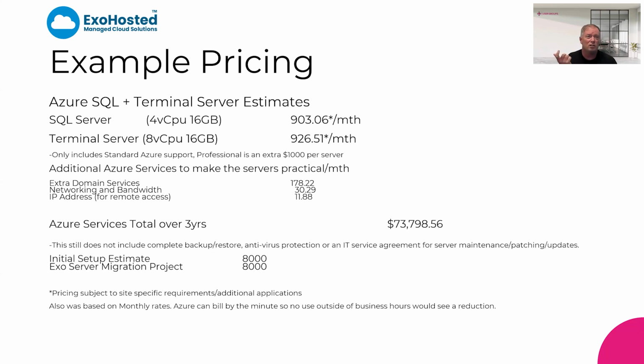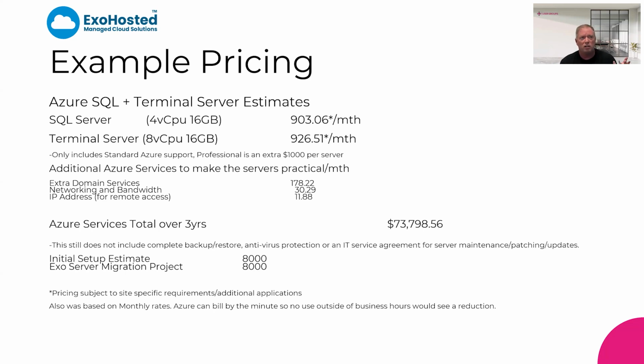And that still doesn't actually include, it includes a snapshot for those machines, but it doesn't include things like your proper antivirus. It'll have Windows Defender, but that's a very base level product. So there's potential for that 73 to be increased. And of course, you've still got those one-off setup costs for those machines, because they're only a base Windows, they still have to be configured.